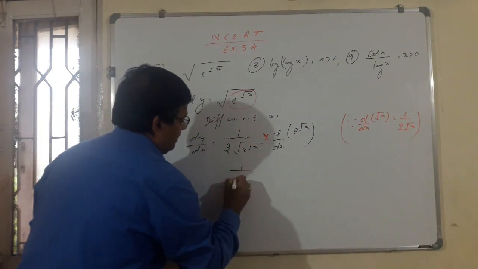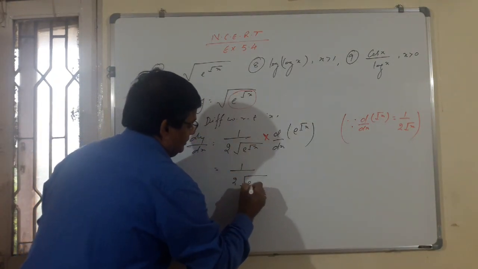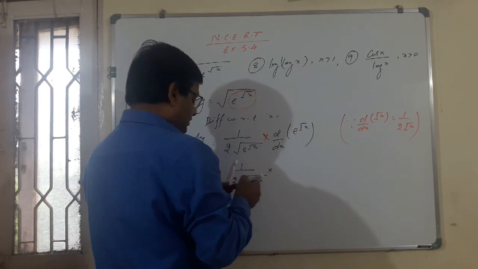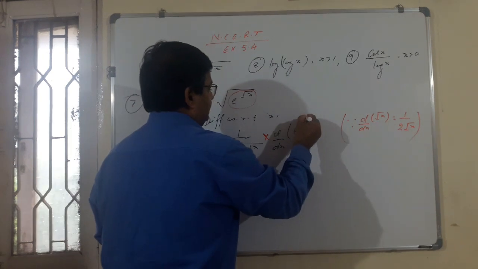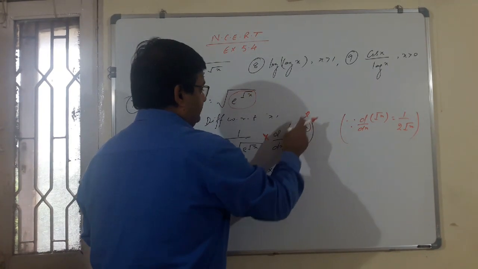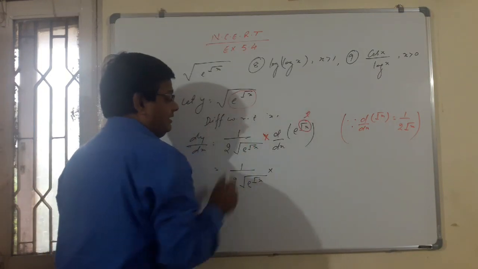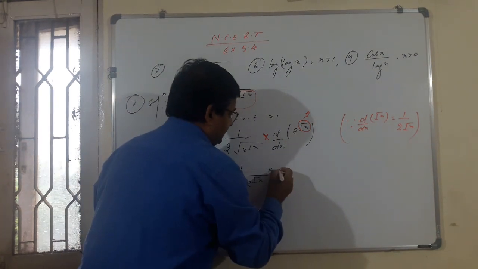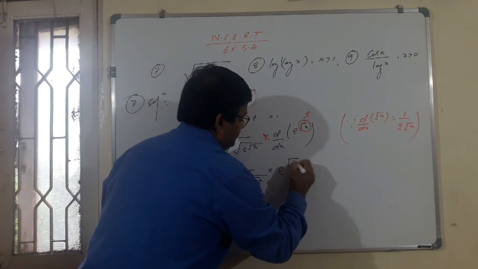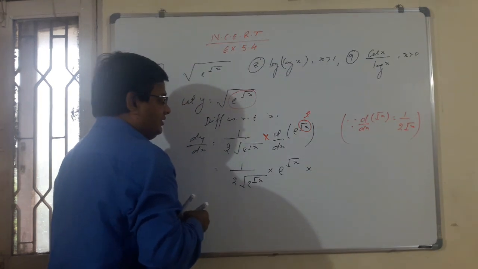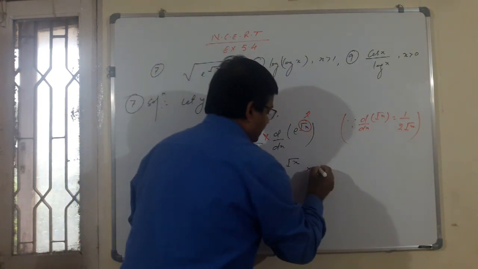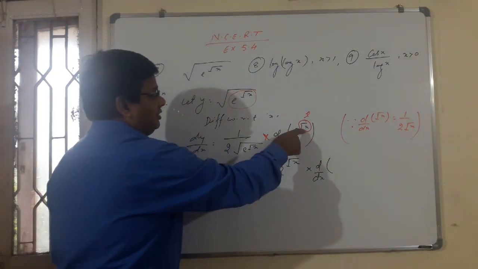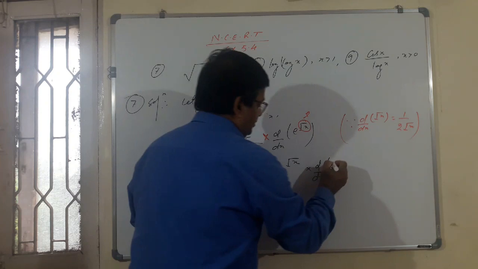So see here, 1 by 2 root e raised to the power root x into, suppose this one is t. So differentiation of e raised to the power t is e raised to the power t. Then after differentiation of t, what is t? T is root x.